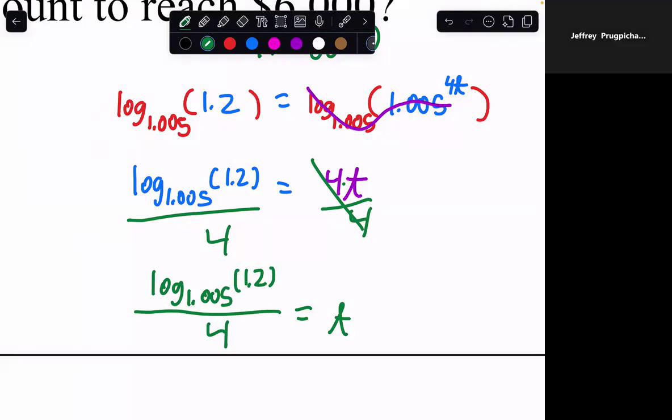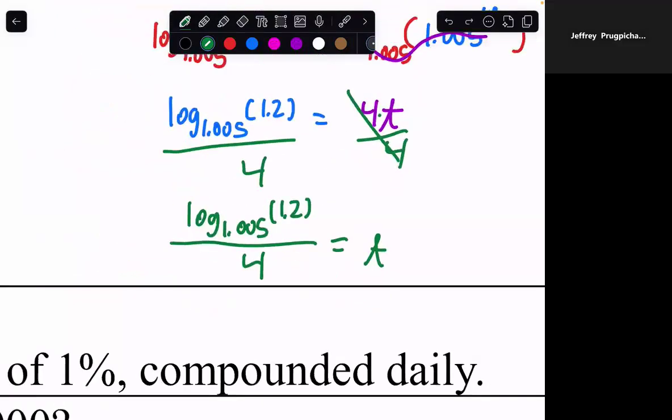Okay, so now we want to get this into a decimal. Because what does this mean? Is this about 2 years, 3 years, 10 years? As it's currently written, we really have no idea how much this is. But if you look at your calculator, most of us don't have a log base 1.005 button. We only have regular log, common log, and natural log. So we need to remember the change of base formula.